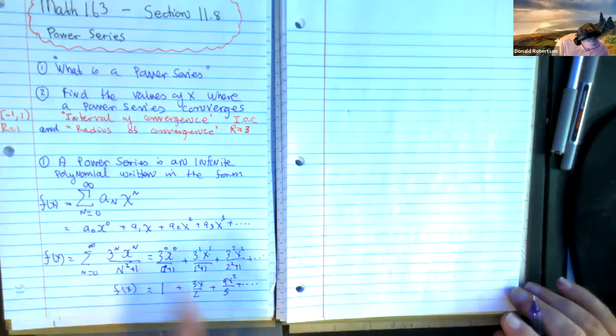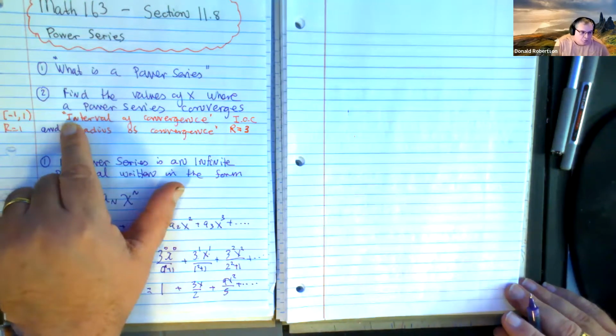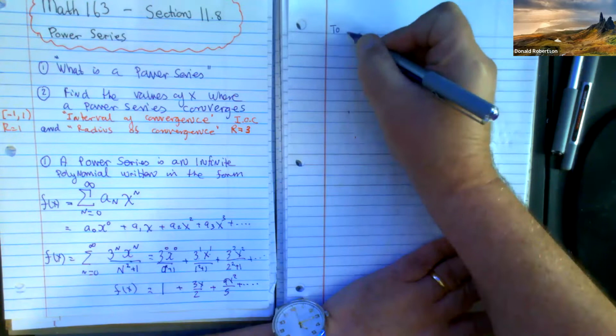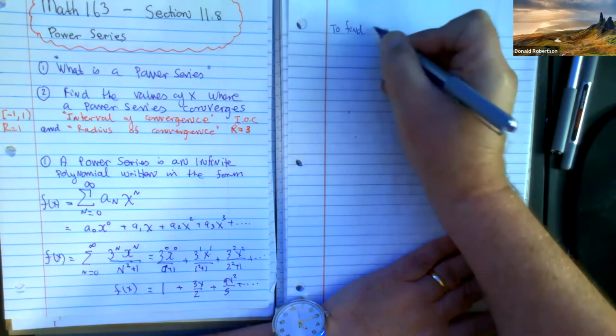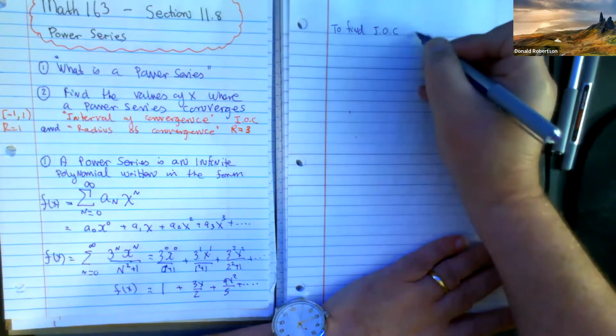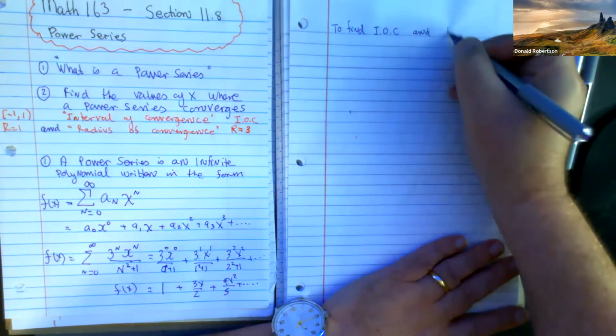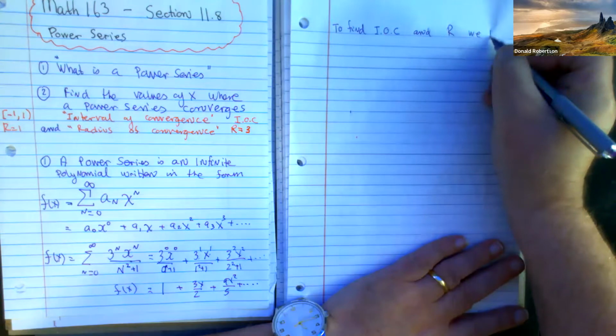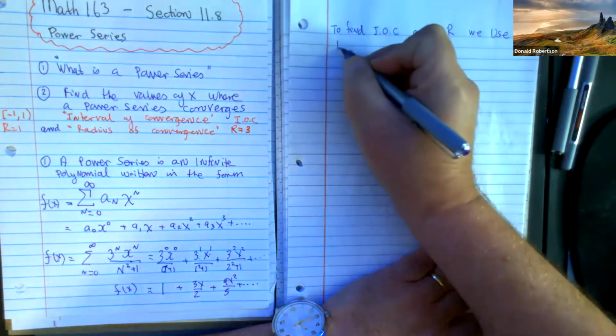So how do we find all the places where a power series converges? Well, we calculate what's called the interval of convergence. So to find the interval of convergence of a power series and R, which is the radius of convergence, we typically use the ratio test.